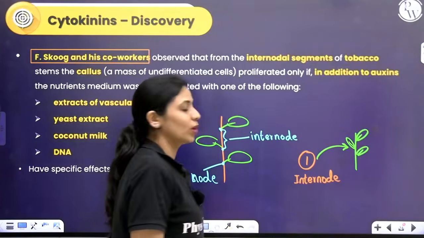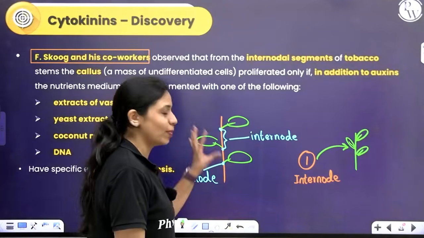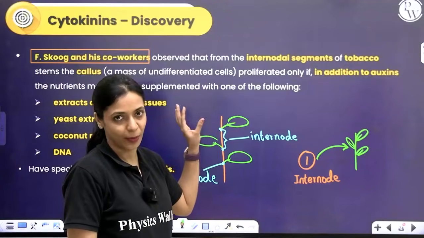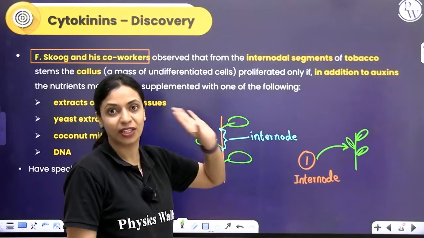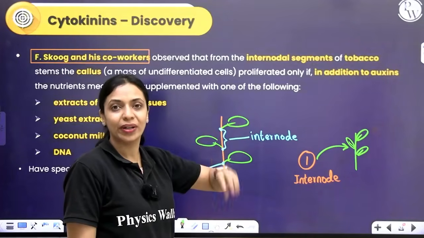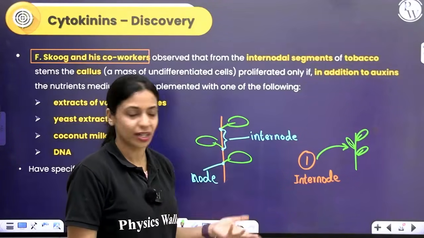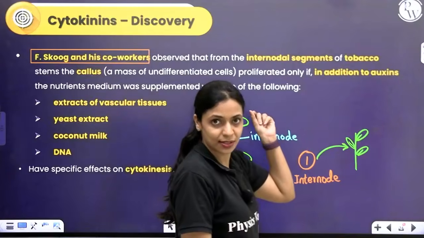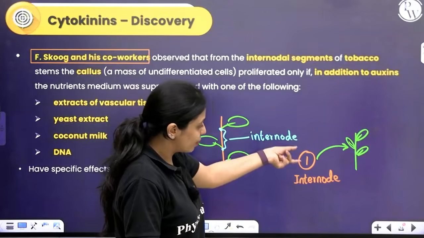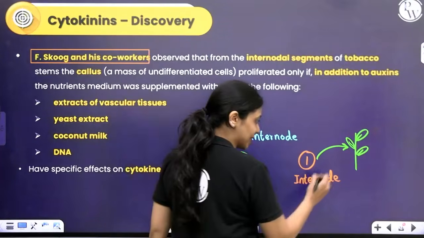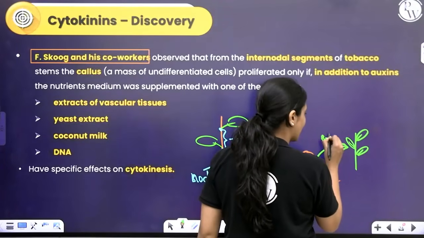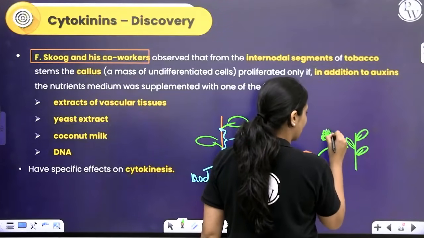Okay. So what they do during tissue culture is they will take any part of the plant. It could be leaf, stem, whichever part. Whichever part they take for tissue culture, they call it the explant. And they will grow it in a medium called the nutrient medium, where they only supply whatever nutrients it requires to become a plant. Before that, the explant will become a mass of undifferentiated cells that only know to divide.